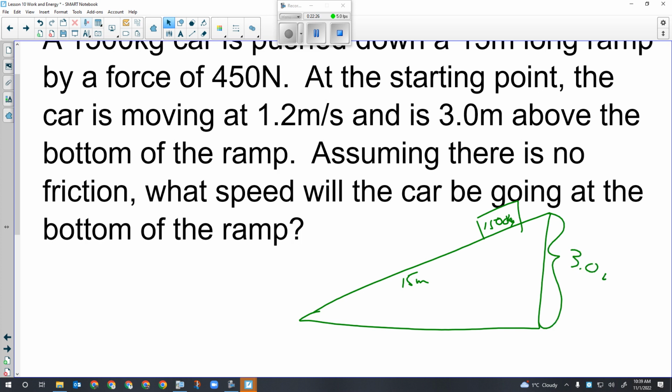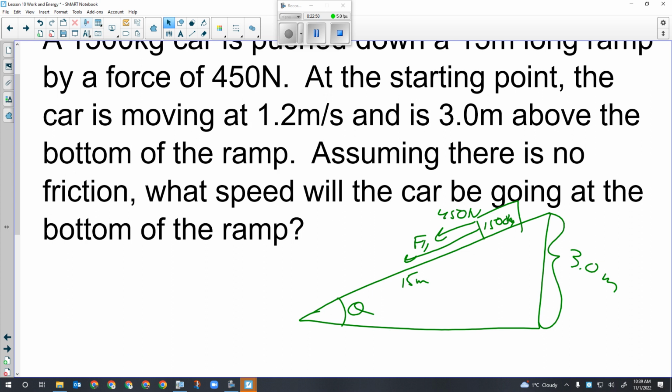This is 3.0 meters, and there's 450 newtons worth of force acting down. F parallel is acting down. I don't know what theta is, right? Could I calculate the final speed using Newton's second law?